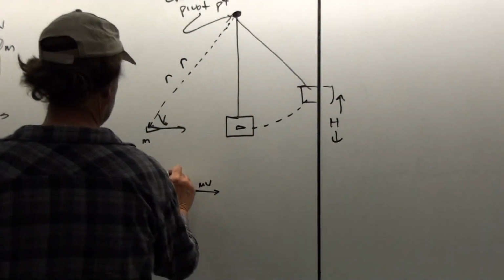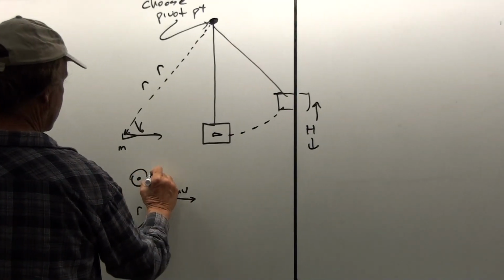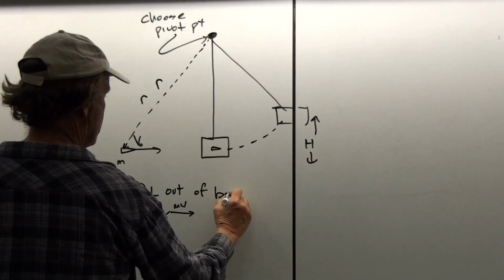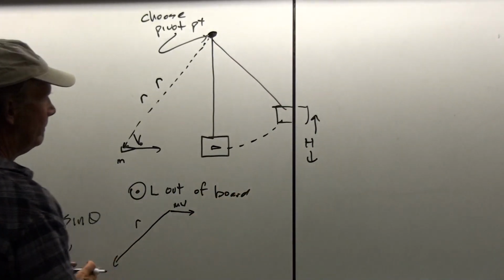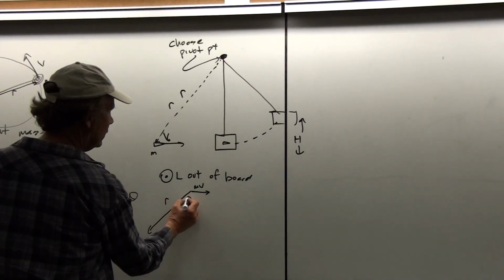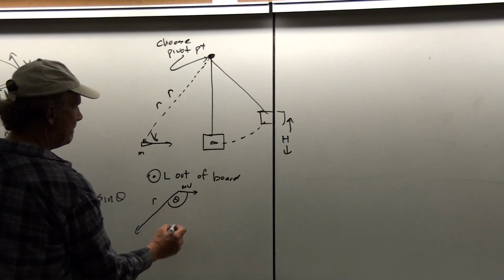That would give us a direction of L that's out of the board. And so then, this would be the angle between r and mv.